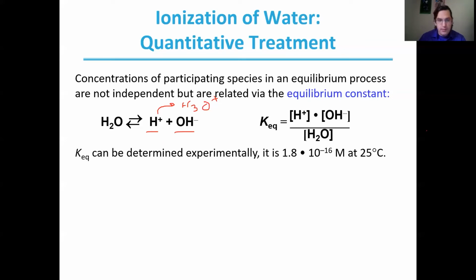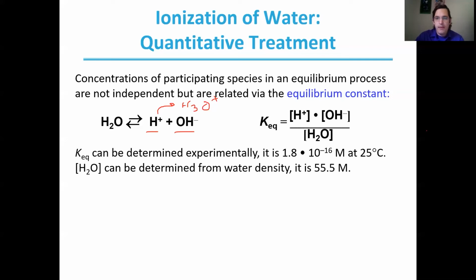We can actually determine what this equilibrium constant is using our usual experimental approach. It turns out it's 1.8 times 10 to the negative 16th at 25 degrees Celsius. Now, for water, the concentration of water within a solution of water is just dependent on what the density of water is. And this comes out to 55.5 molar.